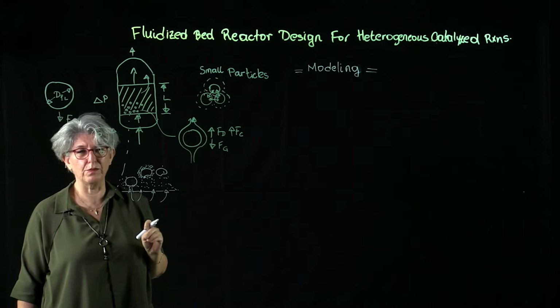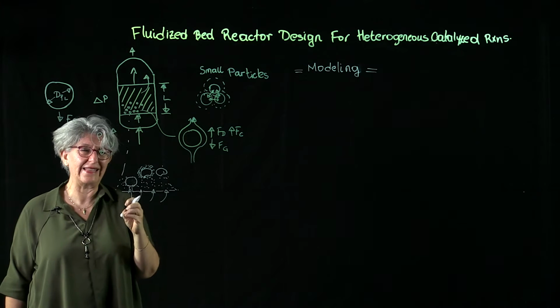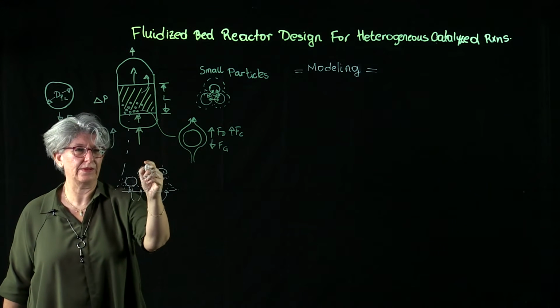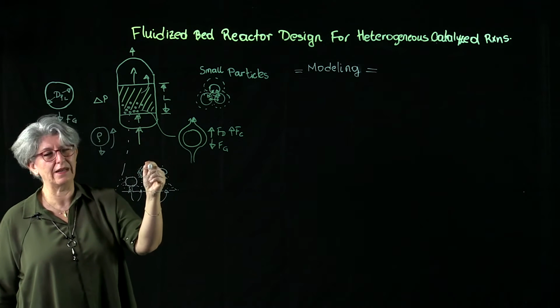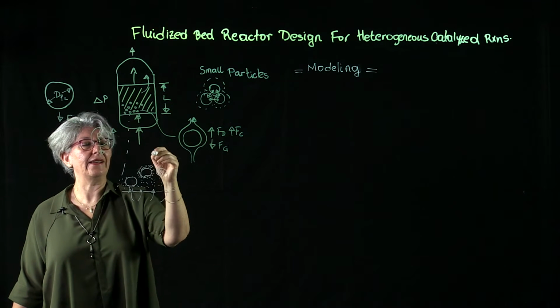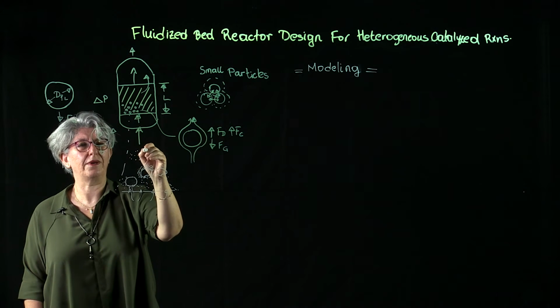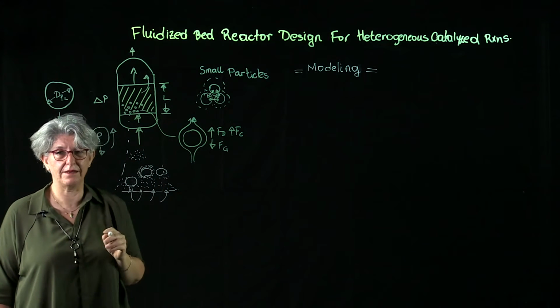Due to the momentum of the gas, we're going to have a slightly denser domain here, depending upon the type of the particles, of course. And then we have domains of particles behaving like an emulsion.